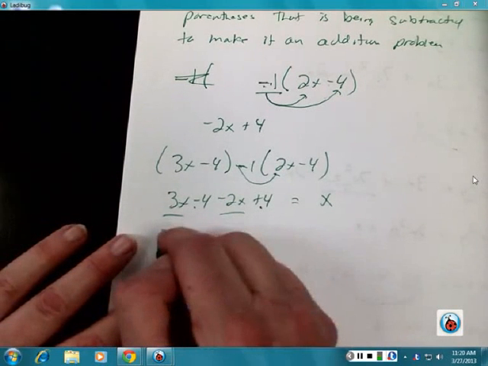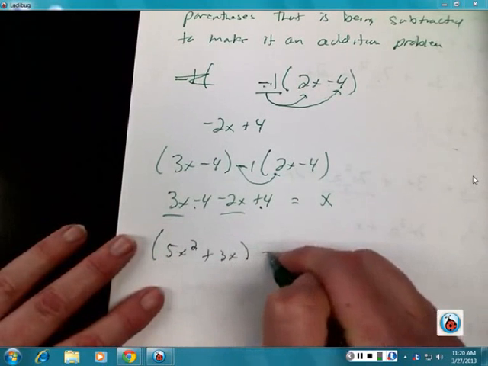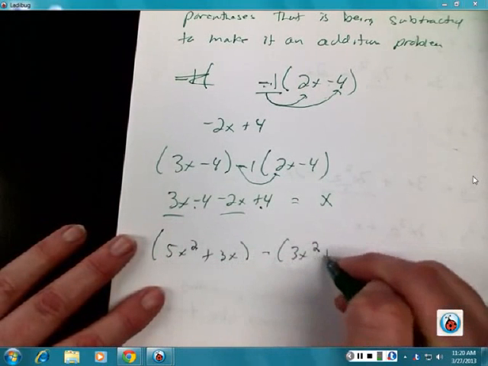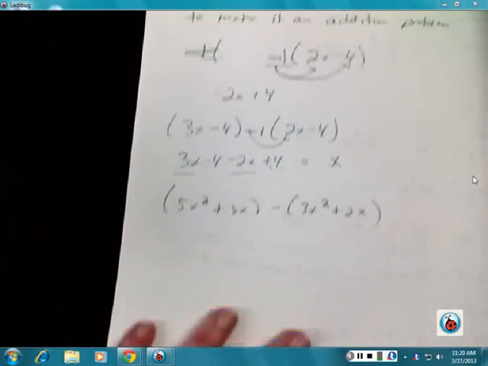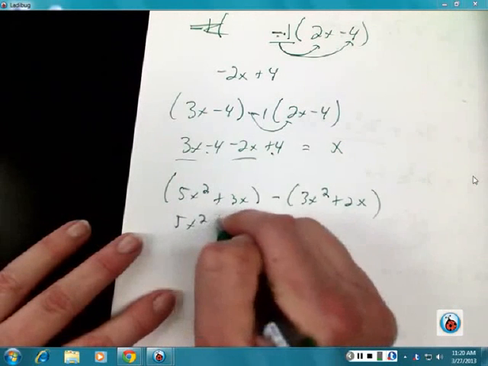What about this one? 5x squared plus 3x minus 3x squared plus 2x. What happens to it? I'm in subtraction. What do I need to do? 5x squared plus 3x minus 3x squared minus 2x.